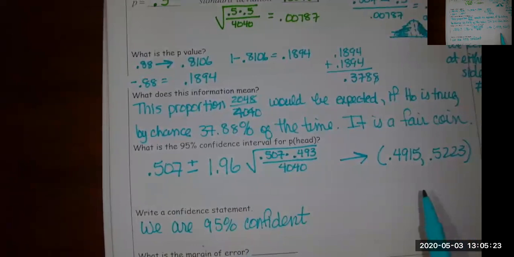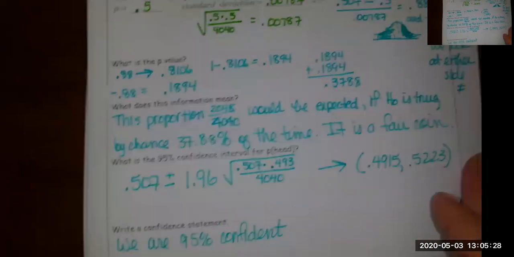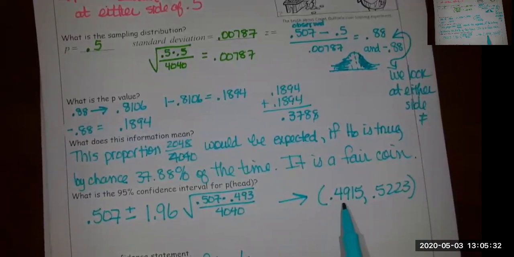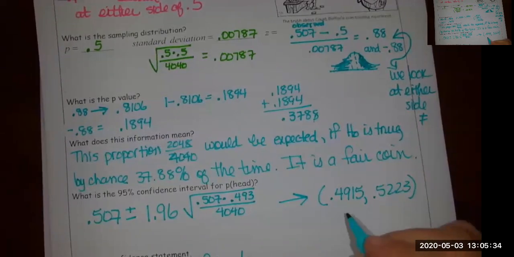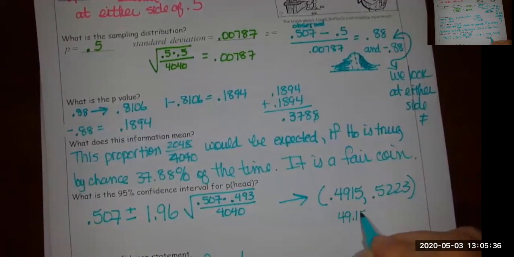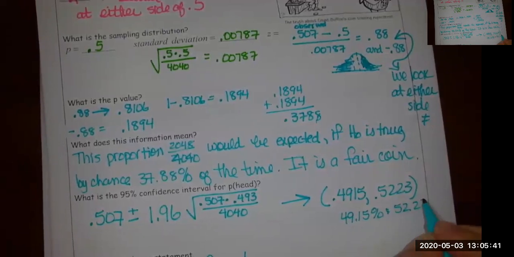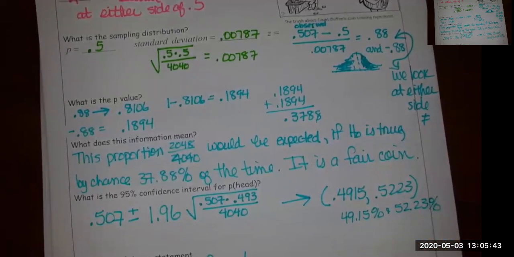of coins would fall is between 49.15% and 52.23%, right?